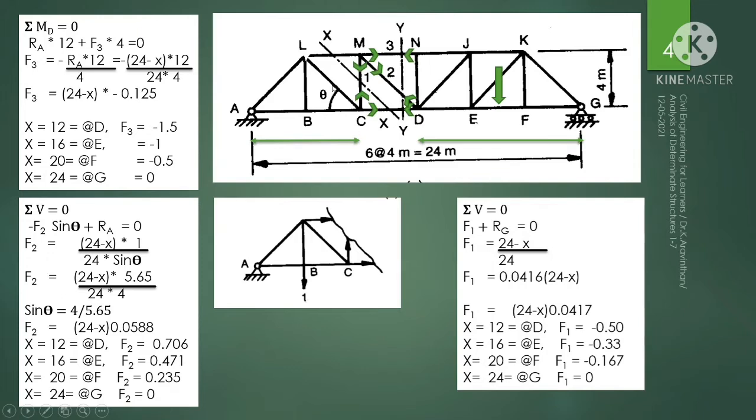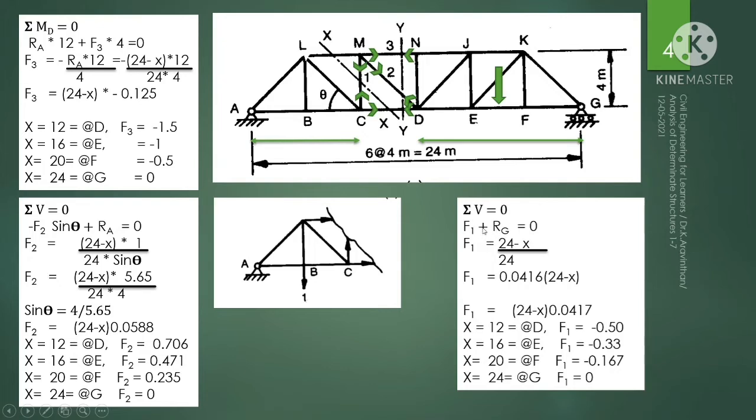Okay. Now let us find the next member, that is F1. So this is the left hand part of this member. Since it is upward, we will be getting F1 as plus F1, and you have another force of Rg which is also upward and plus Rg.